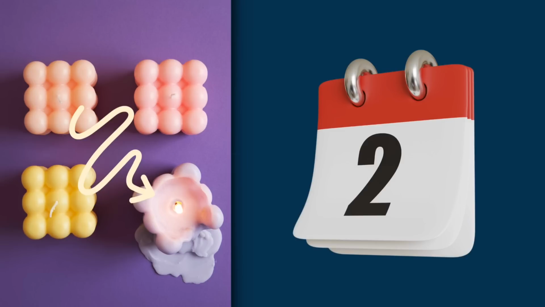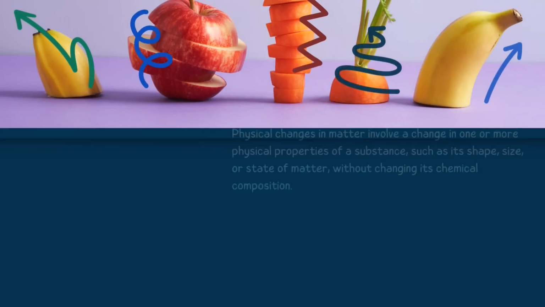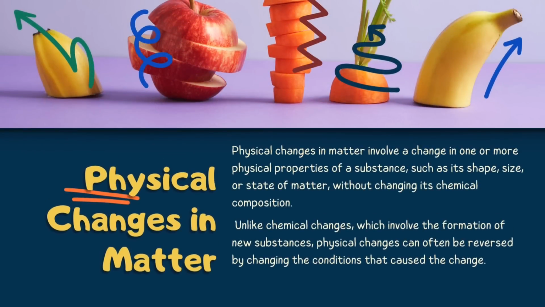For day 2, we're going to focus on the physical changes in matter. Okay, when we talk about physical change in matter, it involves a change in one or more physical properties of a substance, such as its shape, size, or state of matter, without changing its chemical composition.